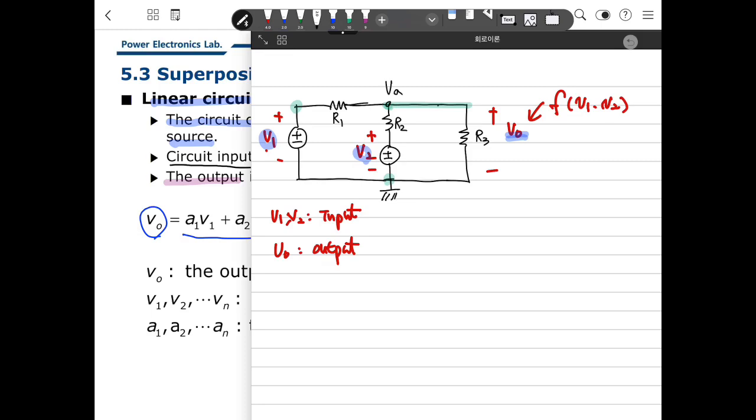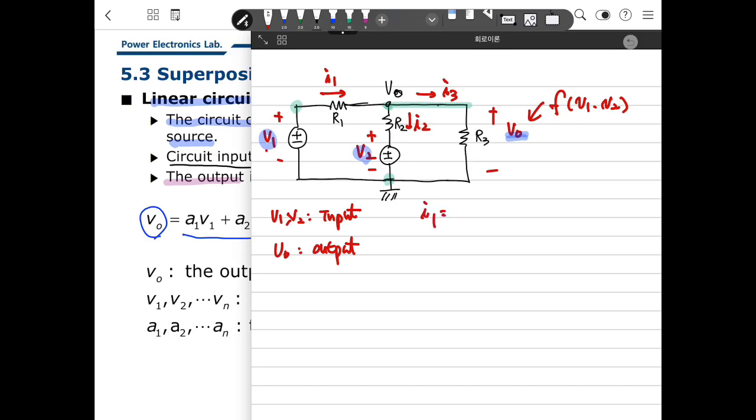Then we define VA. Actually, this is VO here. Then we define the currents: I1, I2, and I3.